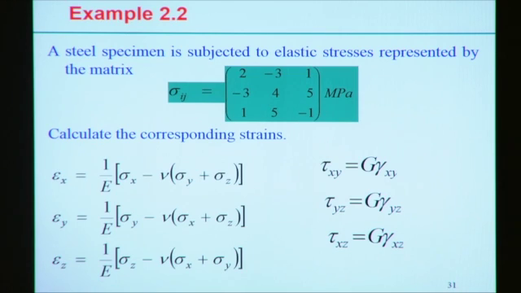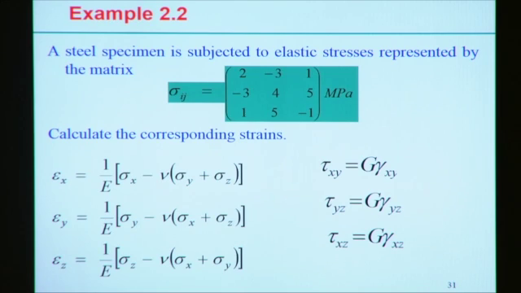So a steel specimen is subjected to elastic stresses represented by the matrix. If we see the different components of the matrix, we need to find out the corresponding strain. For example, the 3 components of the strain epsilon x, epsilon y and epsilon z.